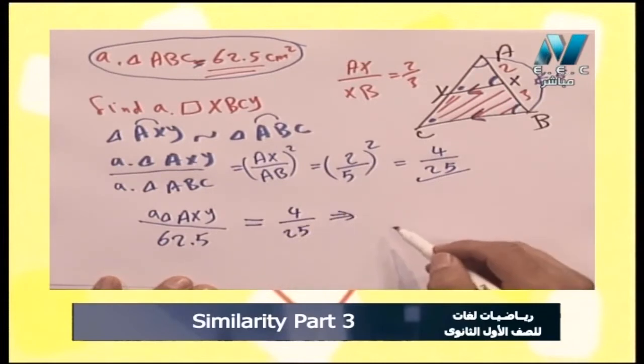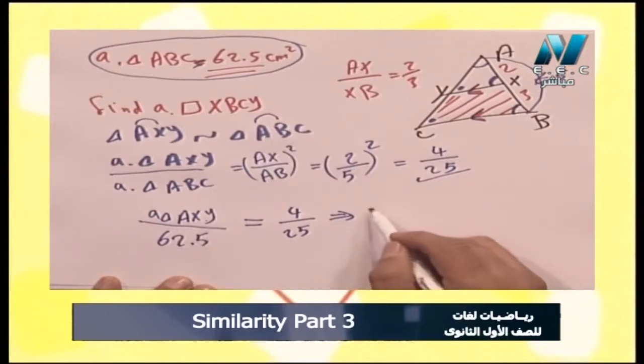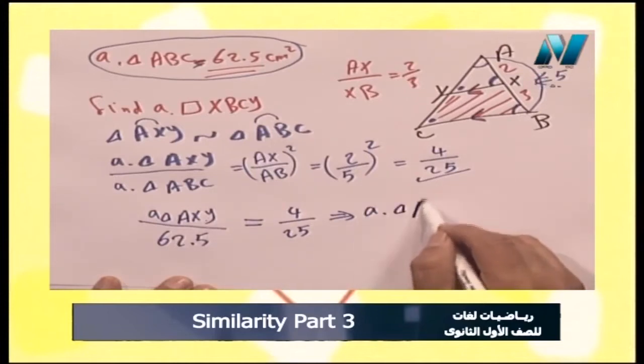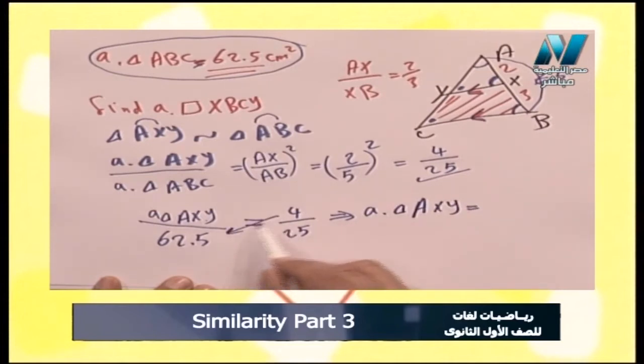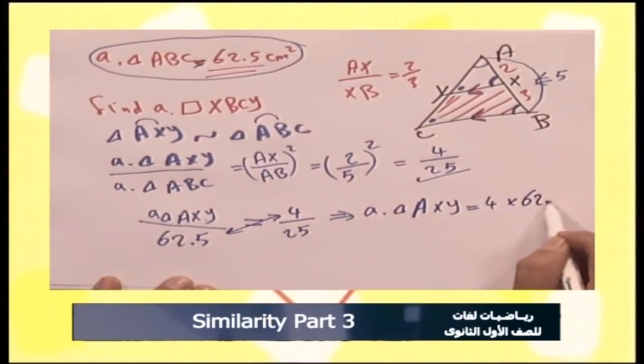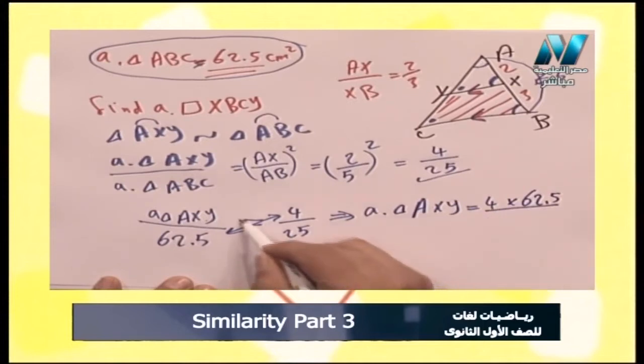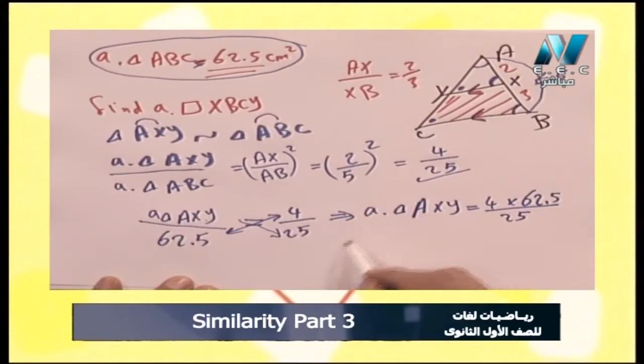So we can find out easily the area of triangle AXY equals 4 multiplied by 62.5 over 25, which will be 10. So the area of triangle AXY equals 10 square centimeter, because it's area, it's a square unit.